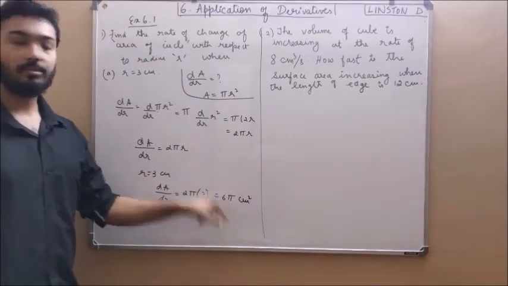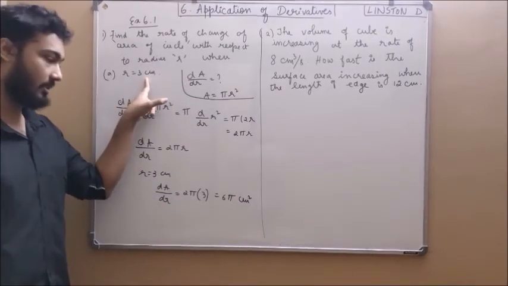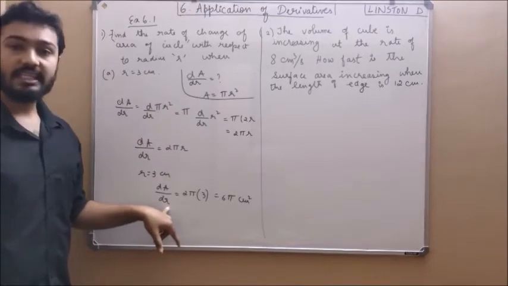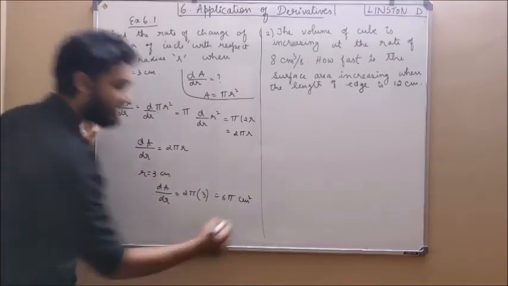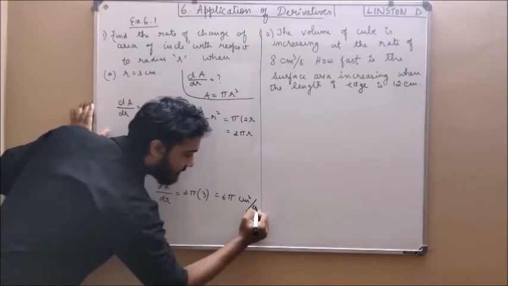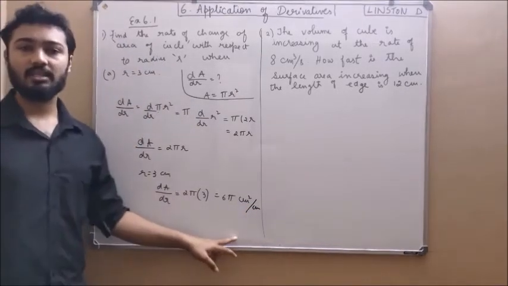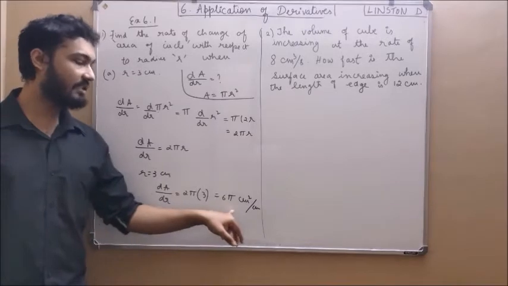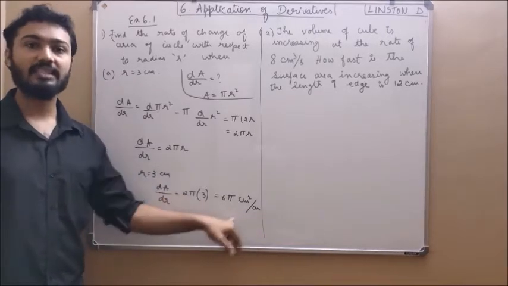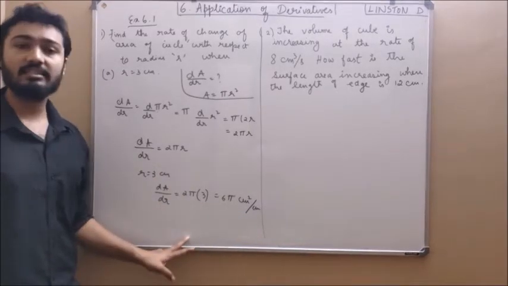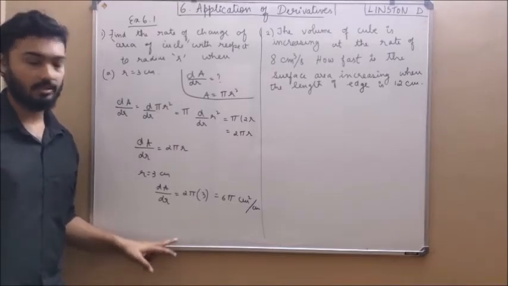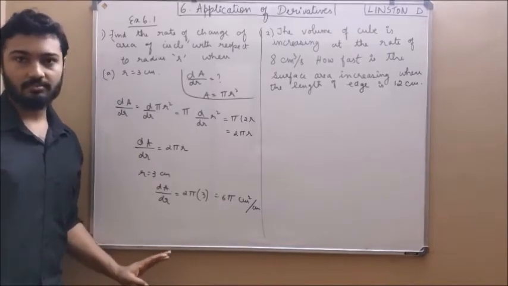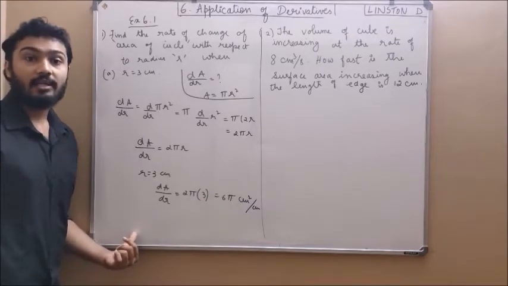Here we are using centimeter because our radius is given in centimeter. The unit of the denominator, the radius, is centimeter. So it is 6 pi centimeter square by centimeter, which becomes 6 pi centimeter. This is the rate of change of area with respect to the radius r. This is the answer. Pause the video and take note.